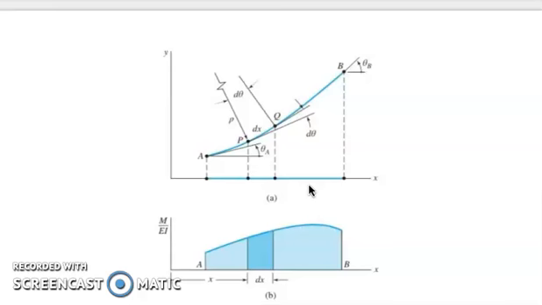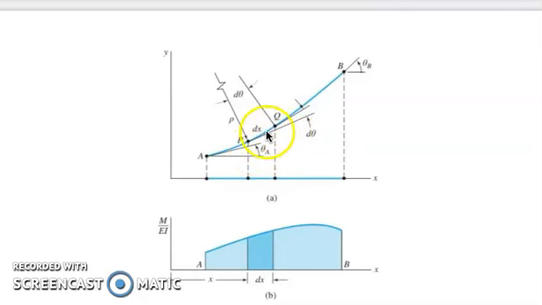From the geometry of the figure, we see that dx is equal to rho times d theta, where rho is the radius of curvature of the elastic curve of the deformed element.